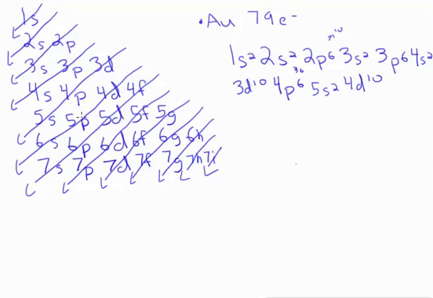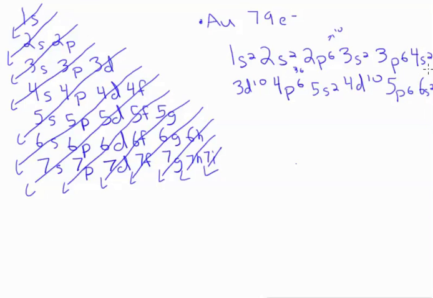And after 5p, we go to 6s. I'm going to squeeze this in. So we have 36, 38, 48, 54, and 56. So I'm going to add a little 56 right here to help me remember.